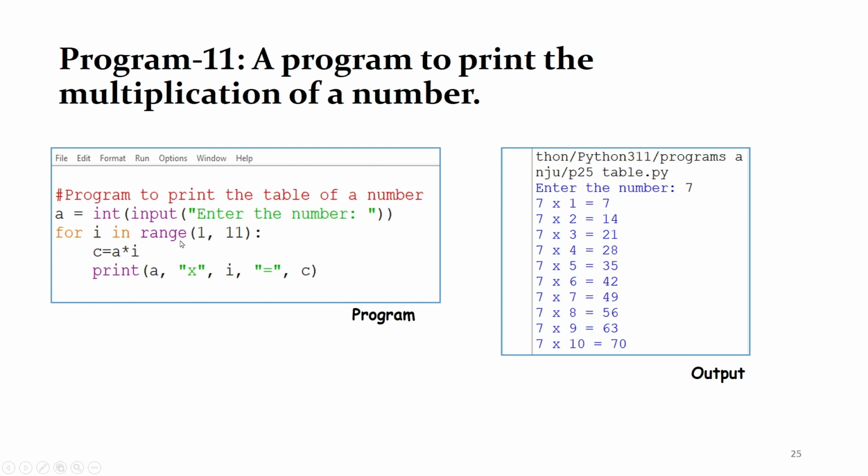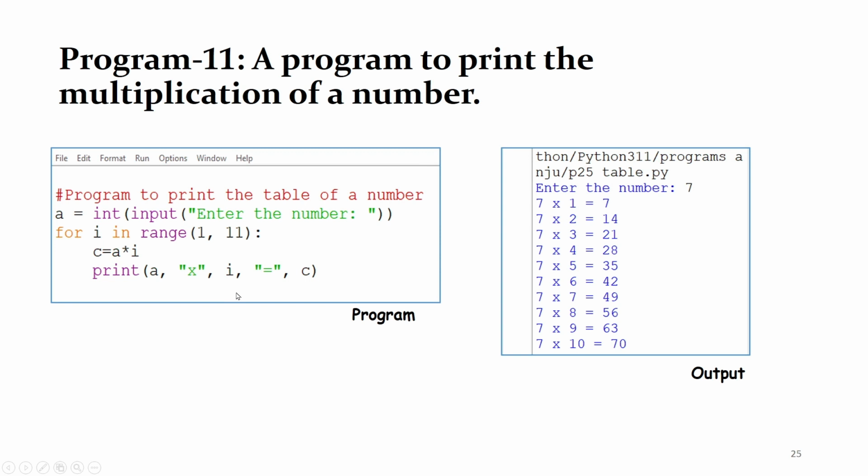For I in range 1 to 11, because I want till 10, so I am putting one number ahead. C equals A into I, the number multiplied by the I number. So each time it is going to print A, that is the number, the multiplication sign, then the value of I, and then the equal to sign, and C, that is the product of A and I.